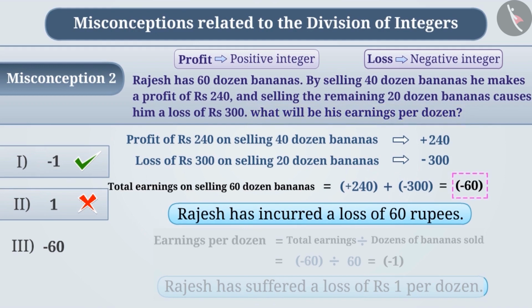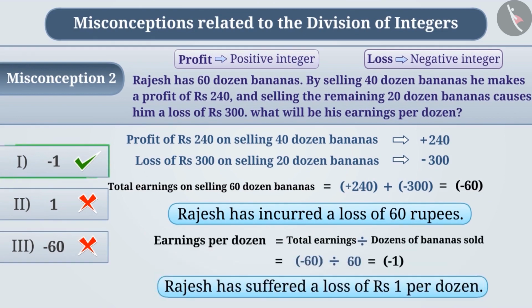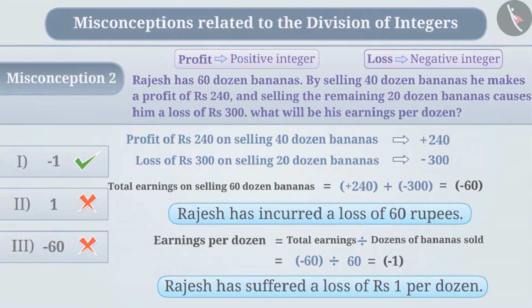To find out the earnings per dozen, they forget to divide the total earnings by the number of dozens of bananas and answer minus 60. This is also the wrong answer. To find out the correct answer, it is necessary to divide the total earnings by the number of dozens of bananas. This gives the correct answer minus 1.